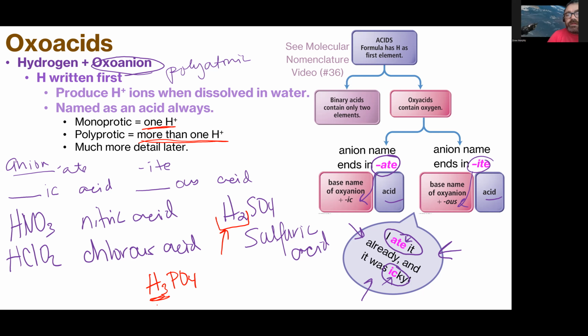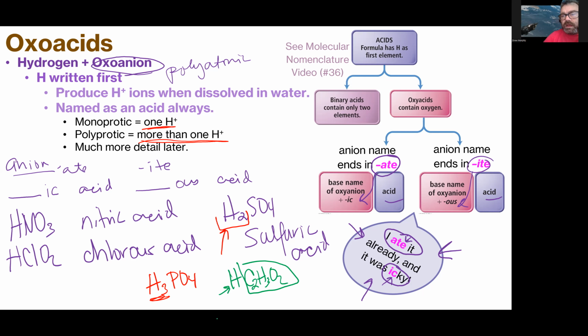One thing I'll point out here is acetic acid and other acids like it also have other hydrogens in it. This is why I write acetic acid this way, HC2H3O2. This is the acetate polyatomic ion. This is the acidic hydrogen in the front. That's a monoprotic acid.